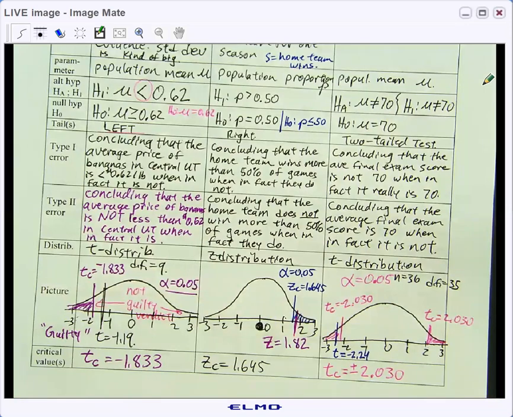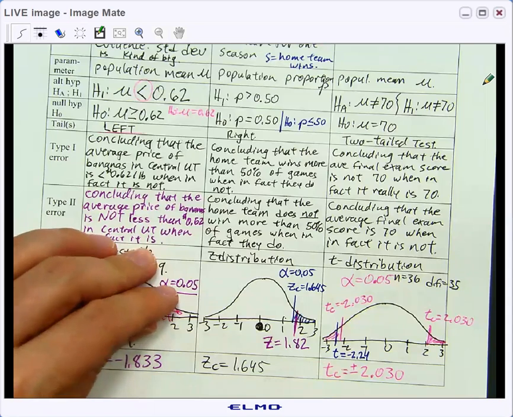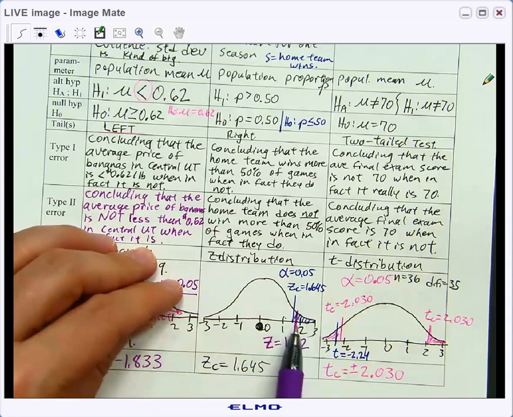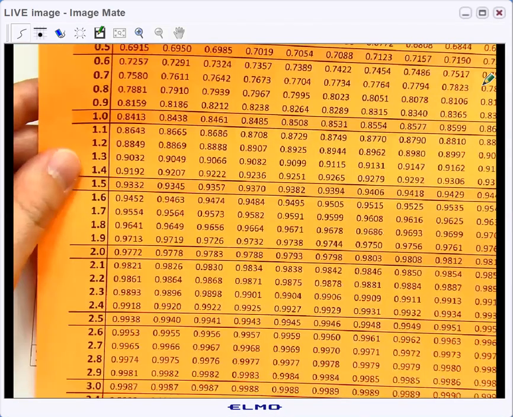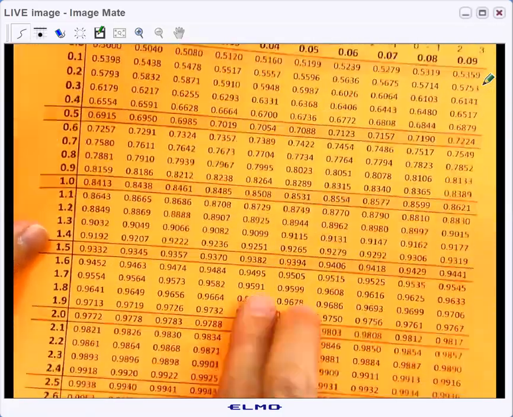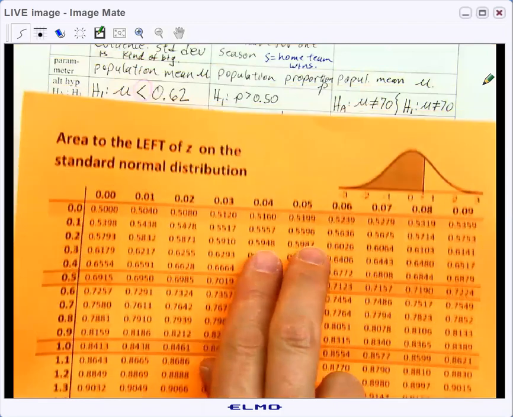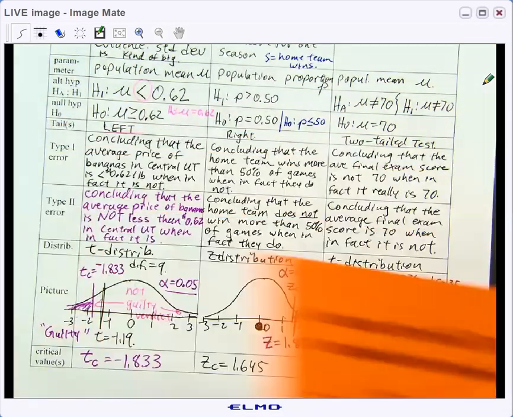So we'll draw our Z distribution, and we found that the critical value, so if we have 5% of the area to the right, that would be 95% to the left. And so 95% to the left, because that's what my Z table tells me, is between these two guys, and that's how we got the 1.645 for the critical value.